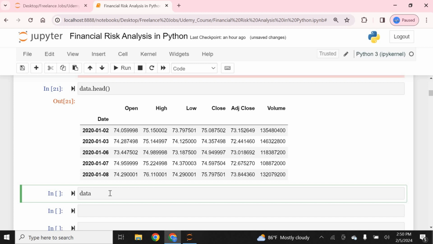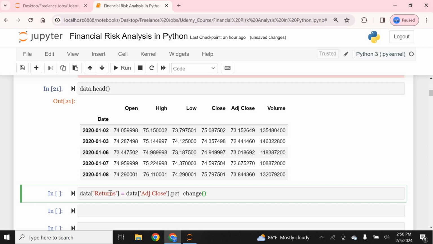So data, let's have another column called returns. We'll actually calculate this on the adjusted close. Then we're going to call the pct_change function.